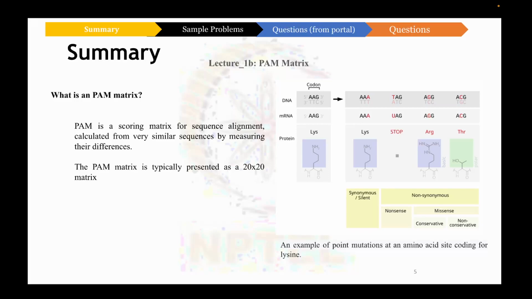Then the subpart of non-synonymous mutation is a nonsense mutation, which is again a type of point mutation that occurs in a coding region of DNA and results in the premature termination of a protein. This happens when a mutation creates a premature stop codon.